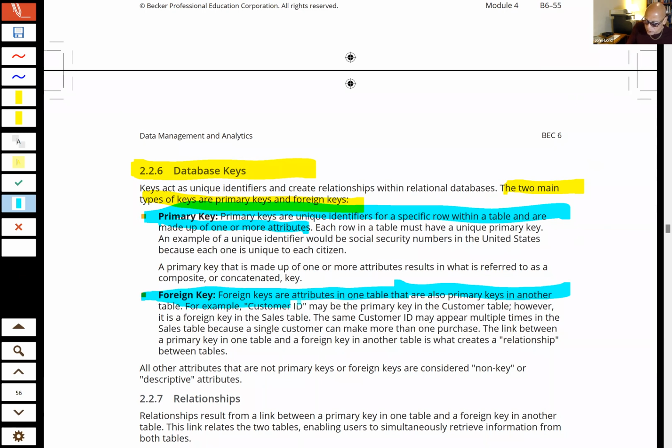For example, customer ID may be a primary key in the customer table. However, it is a foreign key in the sales table. Okay, so flashcard that we have what? Primary keys and we have foreign keys, and flashcard this notion that a primary key can be primary in one table and a foreign key in another.